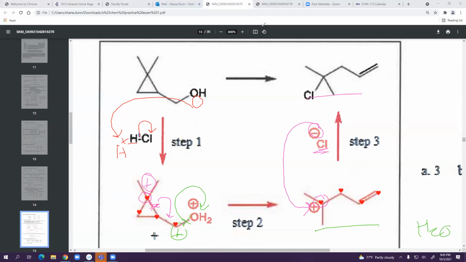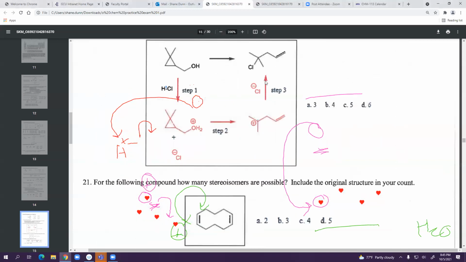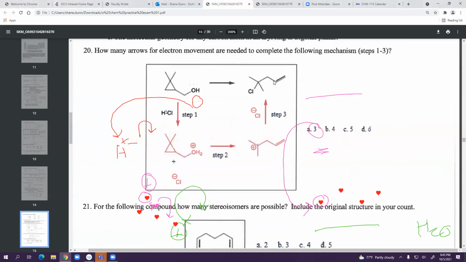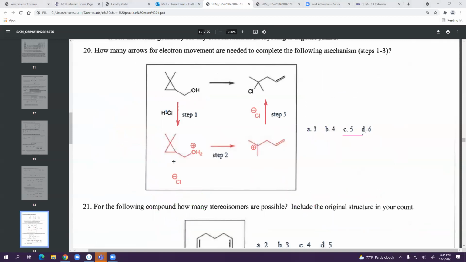So, how many arrows did I draw? 5. What's the answer? 5. That makes sense? Cool, cool.